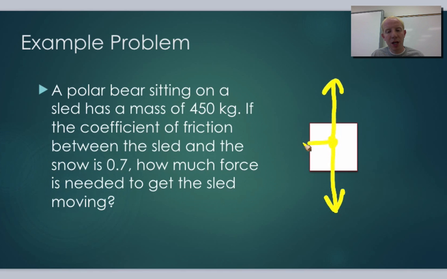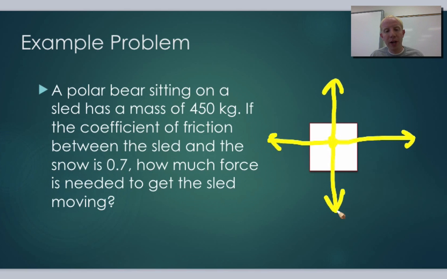And then there's going to be some friction, right, caused by the friction between the sled and the snow. And then this applied force needs to be greater than that friction force. So we're trying to find basically the friction force so we can figure out how much the applied force needs to be. Okay? So let's just start doing some calculations.